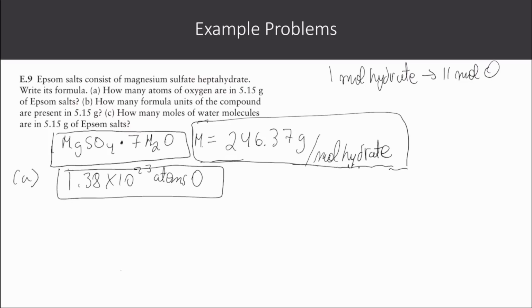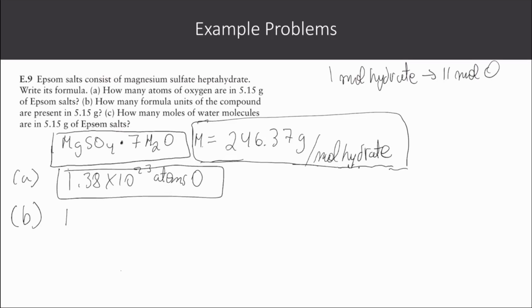So having found the answer for part A, let's do part B. We're trying to find how many formula units of this ionic compound are present in 5.15 grams.